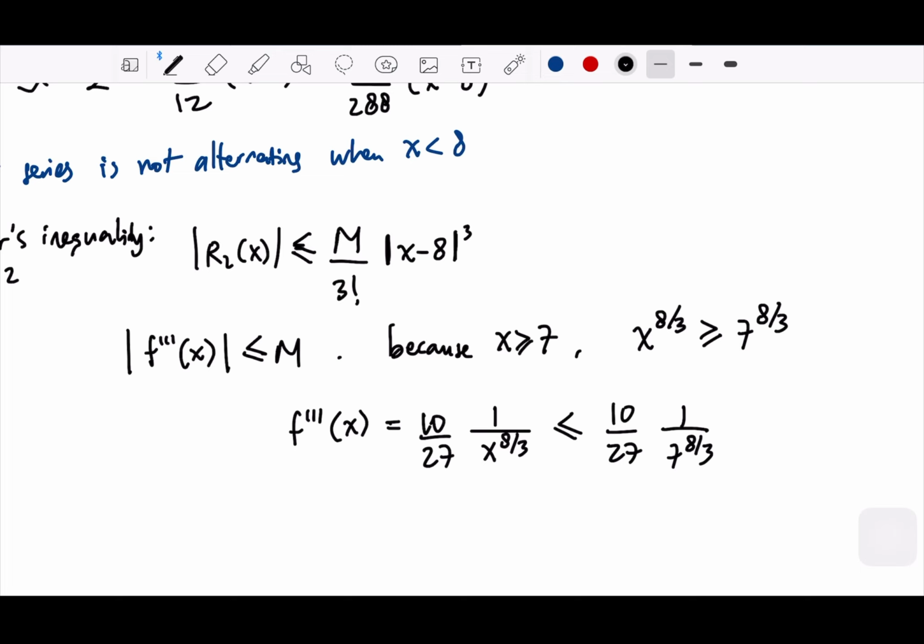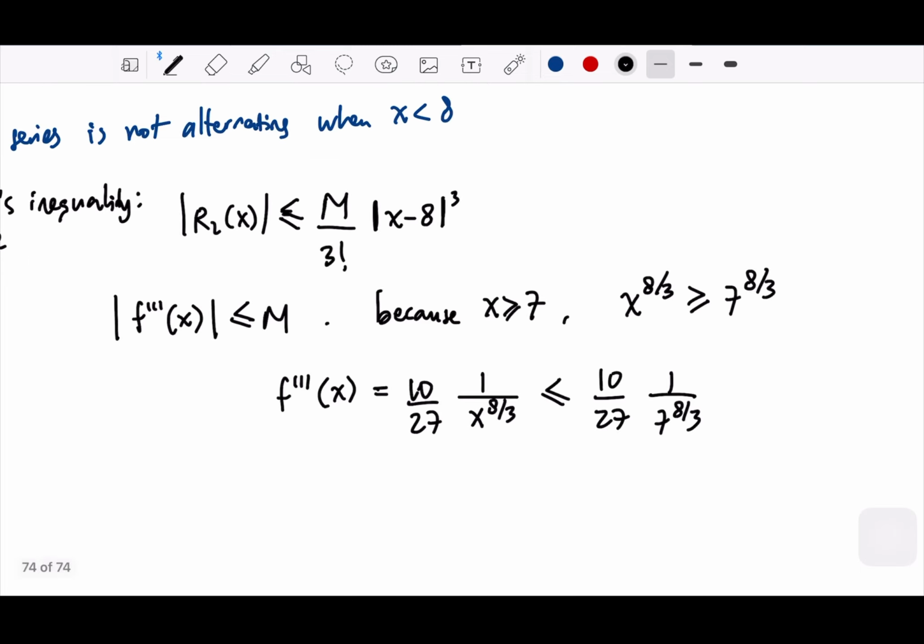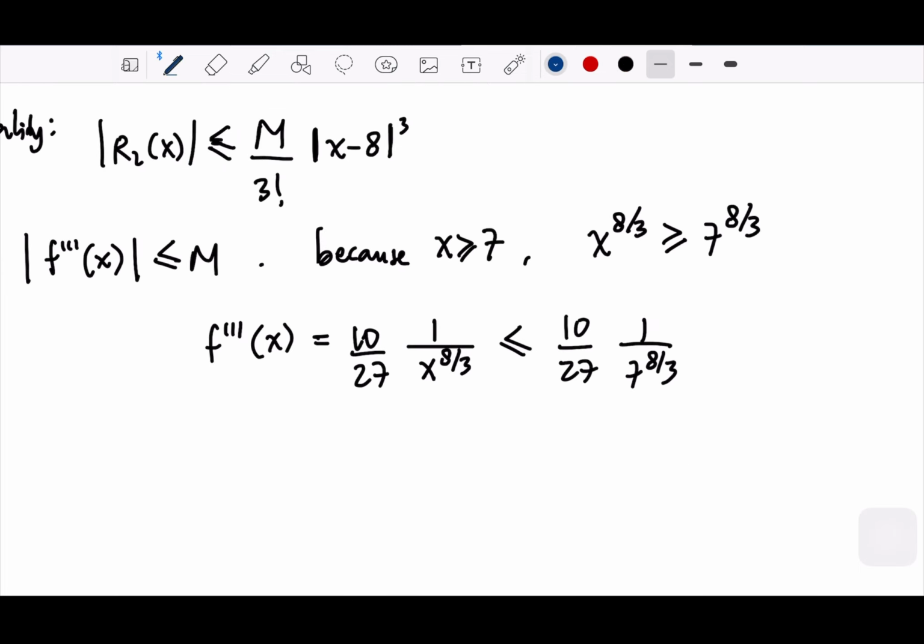So then from here we can estimate, using a calculator, that this should be around this number. Okay. So what's this number? We consider this number as our assumption for our M. So our M is actually our assumption. We can take any number that satisfies these restrictions based on the conditions given.